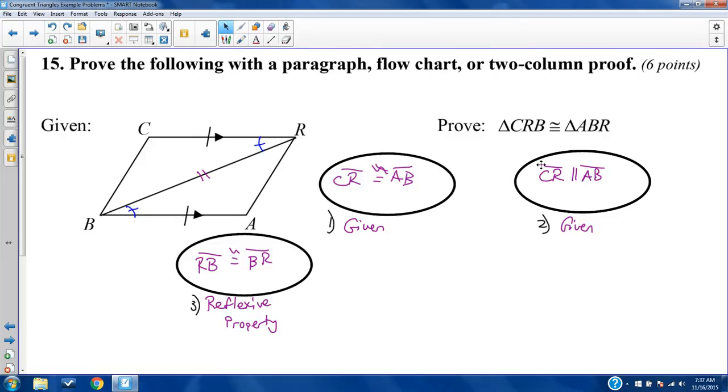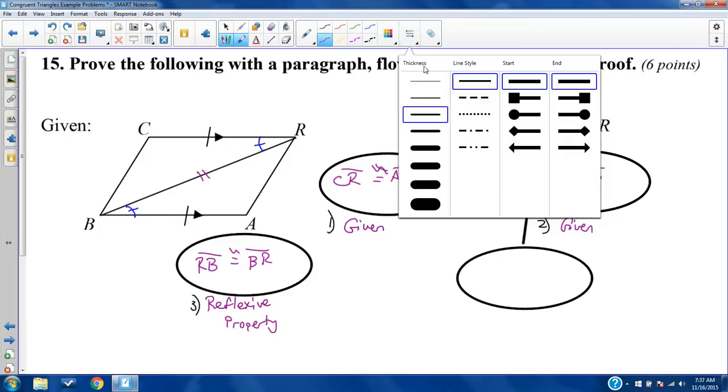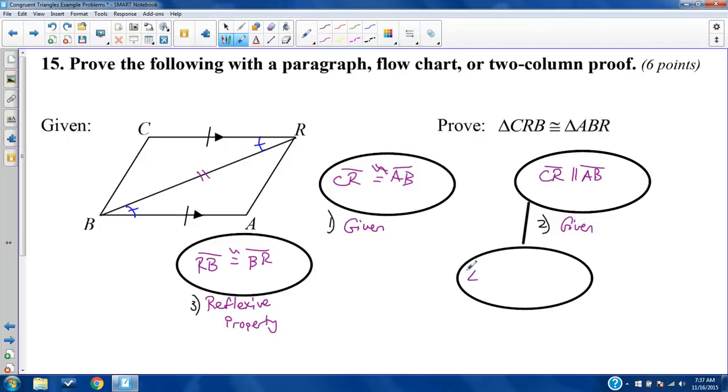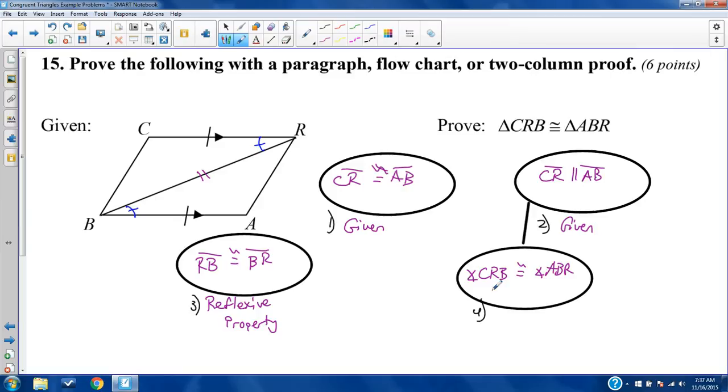This piece of information came from this right here. Because CR is parallel to AB, boom, I found this out. I found out that angle CRB is congruent to angle ABR. Why? Because alternate interior angles are congruent. I'll just put AIA.